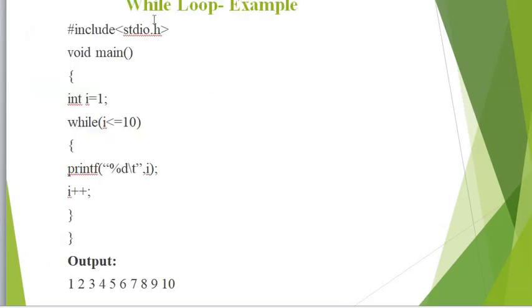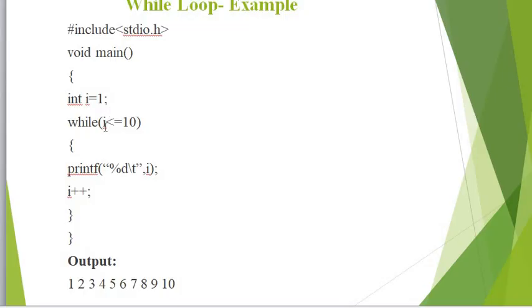Let's see an example for while loop. Here we are including the header file and the variable I is assigned to 1. Now the value of I is 1. Next we have to test the condition. 1 less than or equal to 10. Our condition is true. So the body of the loop will be executed. This will be true until the I value is 10.